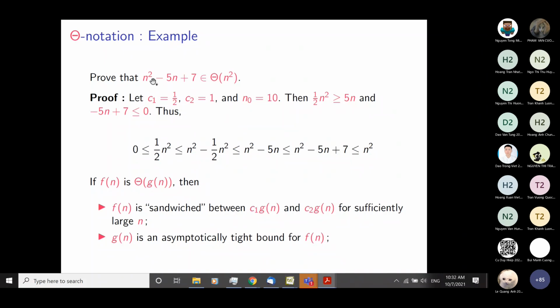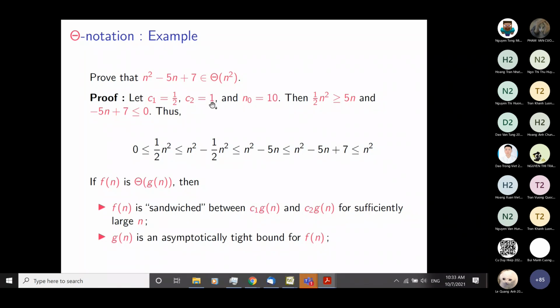So we need to find a value of C such that C times 10 squared is going to be larger than 5n. So I have n squared smaller than 5n. This works for C2 equal to 1.